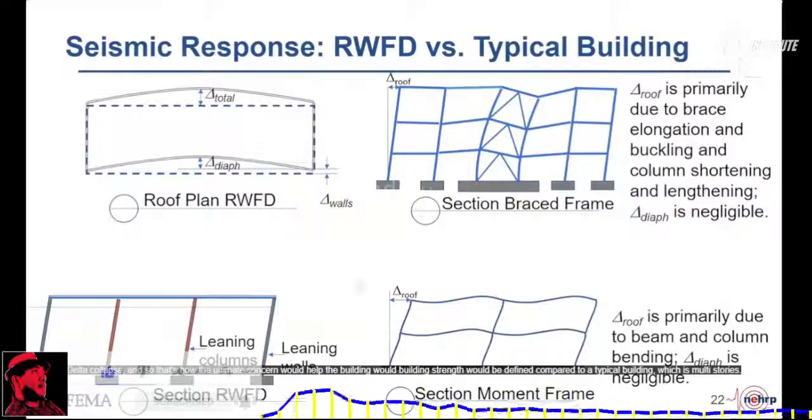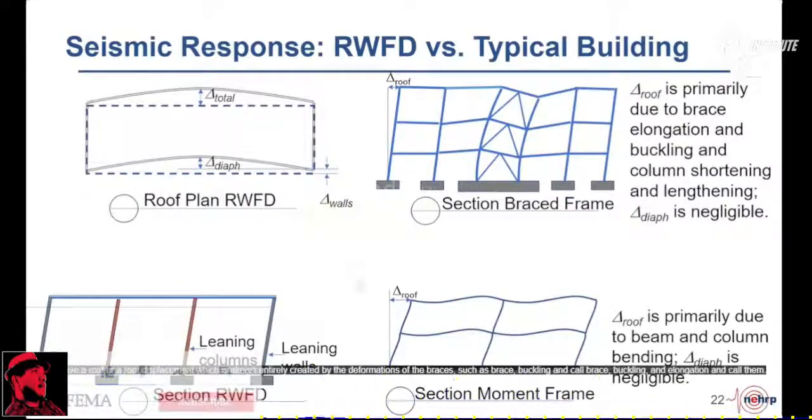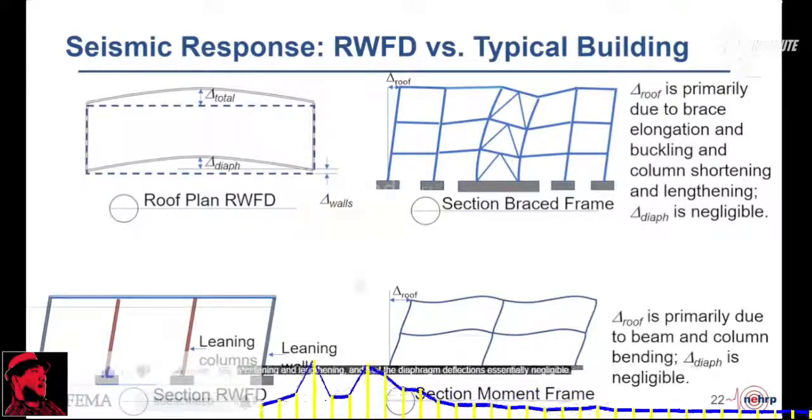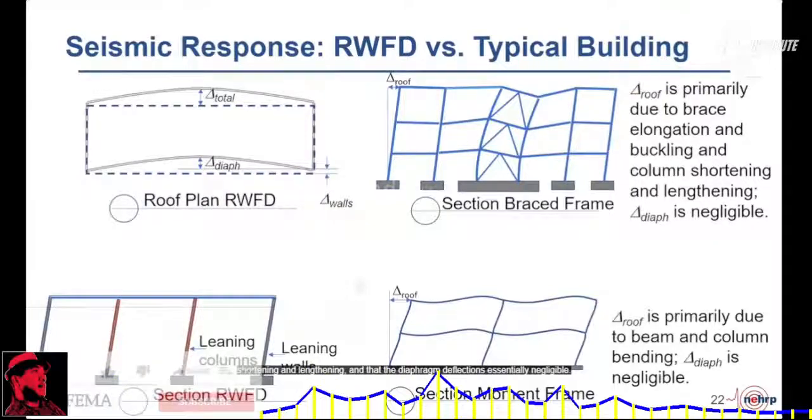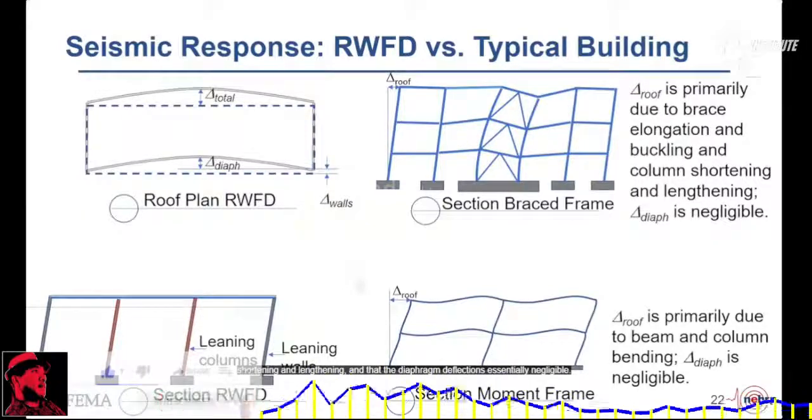strength would be defined. Compared to a typical building, which is multi-story, you have a roof displacement which is almost entirely created by the deformations of the braces, such as brace buckling and elongation, and column shortening and lengthening, and the diaphragm deflection is essentially negligible.